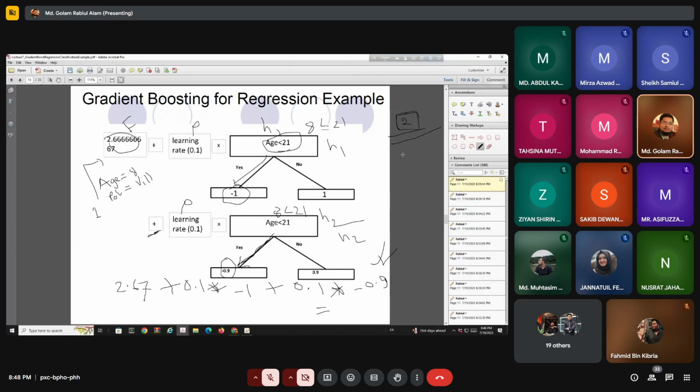Now it is given that a test case is there. That means one person is given as a test case, where the age of that person is 34 and the place of living is village.